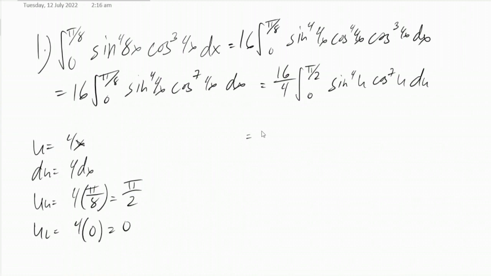16 divided by 4 is just 4 times, using the Wallis formula, we have 4 here. 4 minus 1 is 3, 4 minus 3 is 1, and then next is 7. 7 minus 1 is 6, and 7 minus 3 is 4, 7 minus 5 is 2, and that's it.